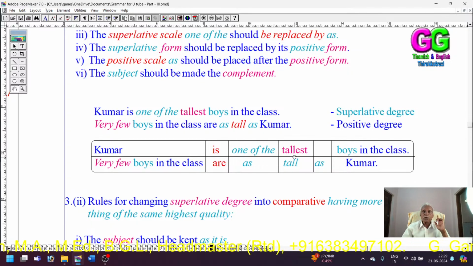Fourthly, the superlative adjective "tallest" should be replaced by its positive adjective "tall". Fifthly, the second scale of the positive degree "as" should be placed. Sixthly, the subject of the superlative form should be made as the complement of the positive form. That's all. Okay. So, Kumar is one of the tallest boys in the class, superlative. Very few boys in the class are as tall as Kumar, positive degree.